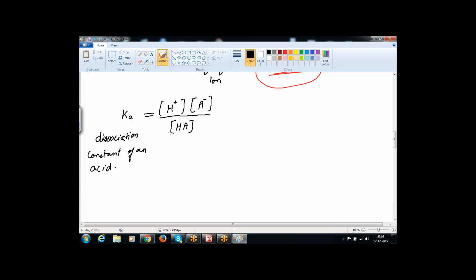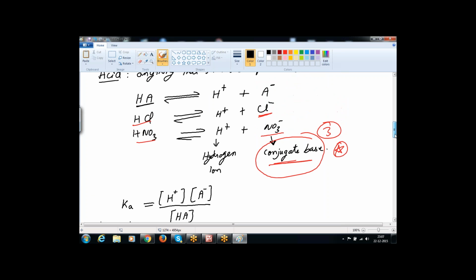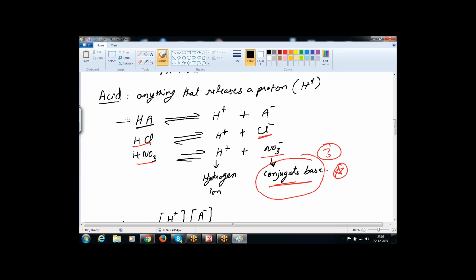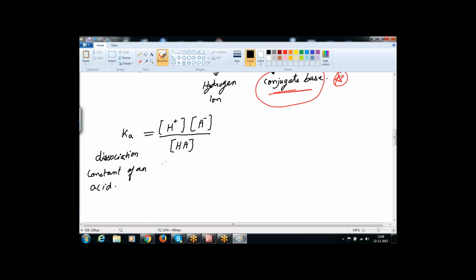Remember, any acid will never fully ionize. Strong acids ionize more, weak acids ionize less. So in the reaction, HA, the acid, is ionizing into H positive and A negative. So what is the dissociation constant? How much is this acid dissociating? That will be the concentration of H formed times the concentration of A formed, divided by the concentration of the undissociated form of acid left behind. That is what is called Ka, the dissociation constant.